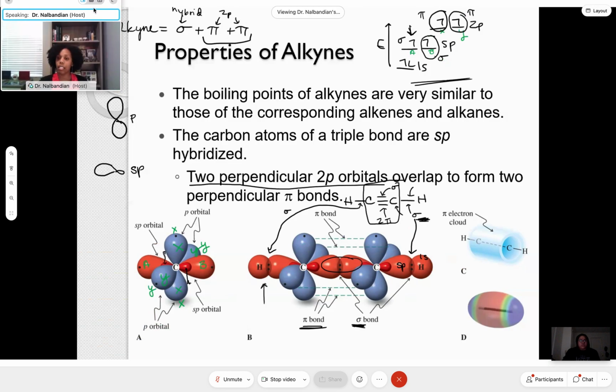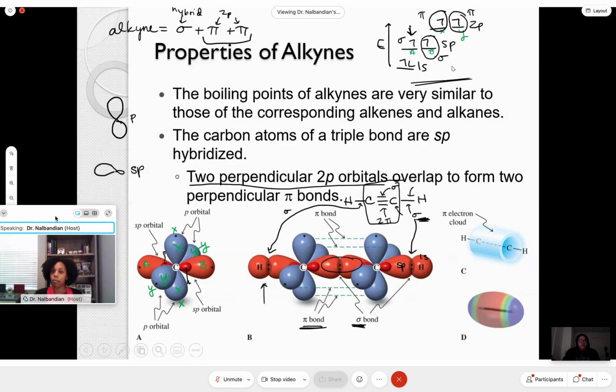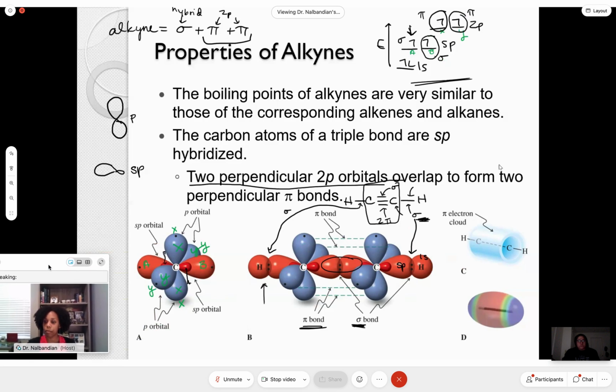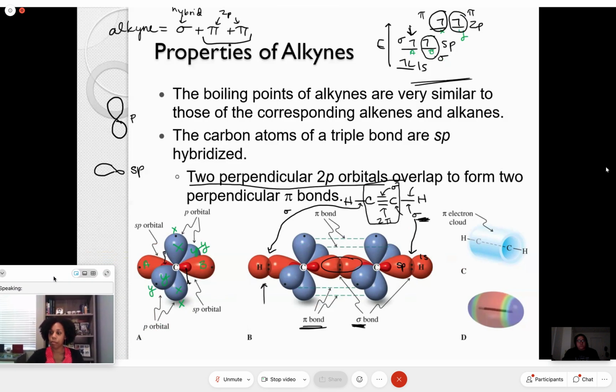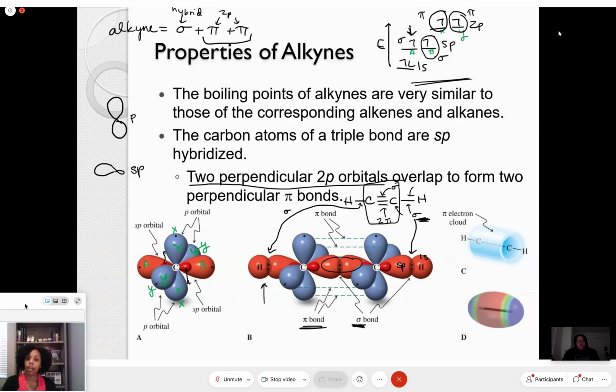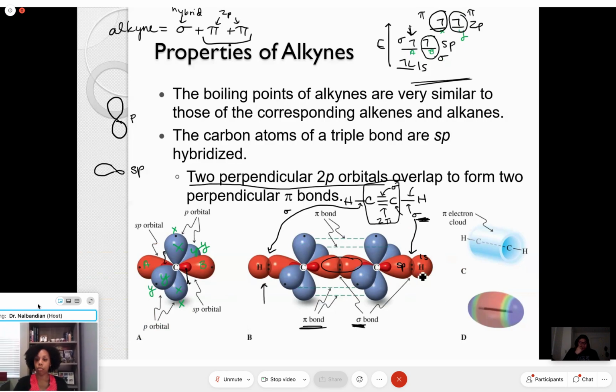Other questions? Okay, so looking at this, between these two carbons we have six electrons with this triple bond. So we end up with this area of high electron density, the red area between these two carbons.